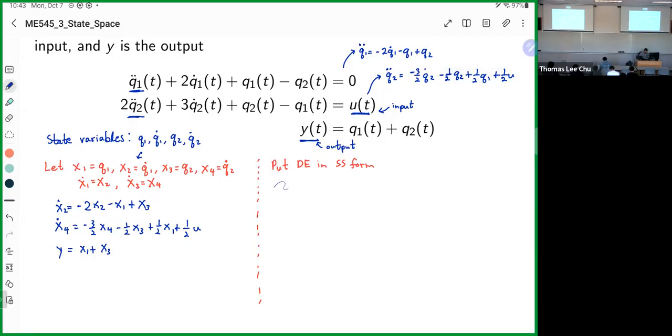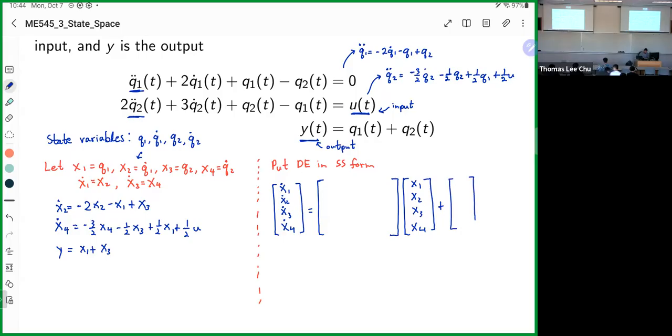So our state vector derivative x dot is x1 dot, x2 dot, x3 dot, and x4 dot, equal to our A matrix, which we will fill out, multiplied by x1, x2, x3, x4, plus our B matrix multiplied by our input U.